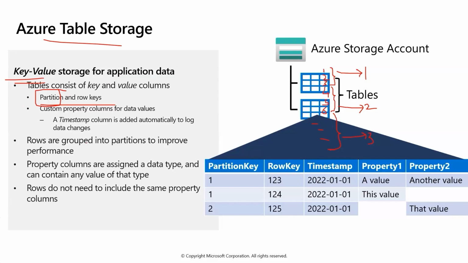You can see here, the rows are grouped into partitions to improve performance. The property columns are assigned a data type, and they can contain any value of that data type. The rows do not need to include the same property columns. There's no threshold as such. You can see here property 1, property 2. It is not a fixed or rigid schema. If you don't have a value, you will not have that column.